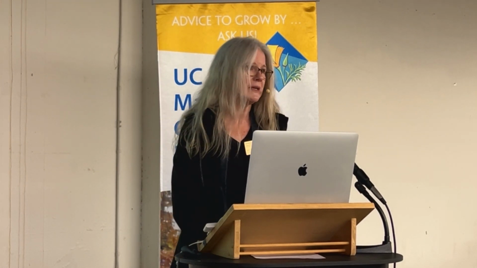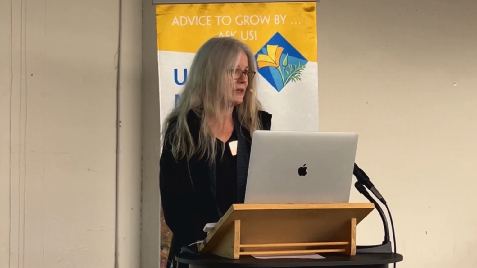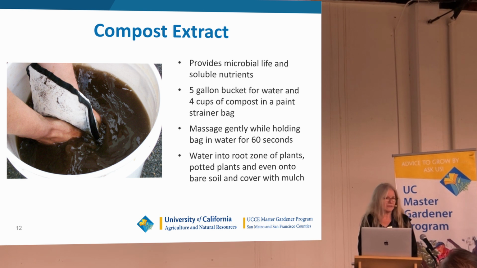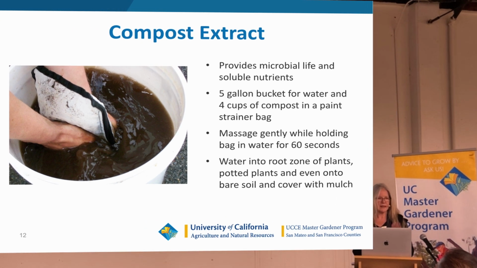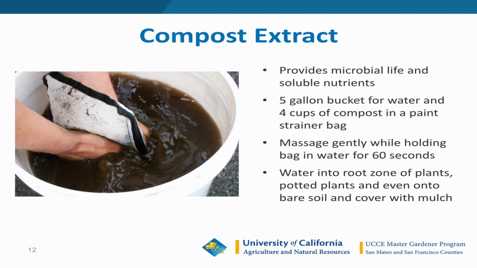Compost extract is very interesting. If you have a really well-made compost, if you're making your own compost, sometimes you have a good, diverse microbial community in that compost. You can take a 5-gallon bucket, fill it with water, take a paint strainer bag or something like that with holes in it, put about a quart of compost in the bag, submerge that bag in the water and gently agitate it a little bit for maybe a minute or two, and you'll see the water start to change color.